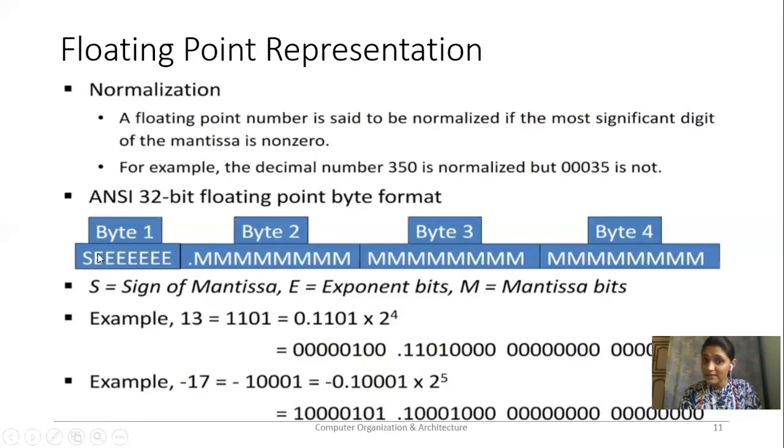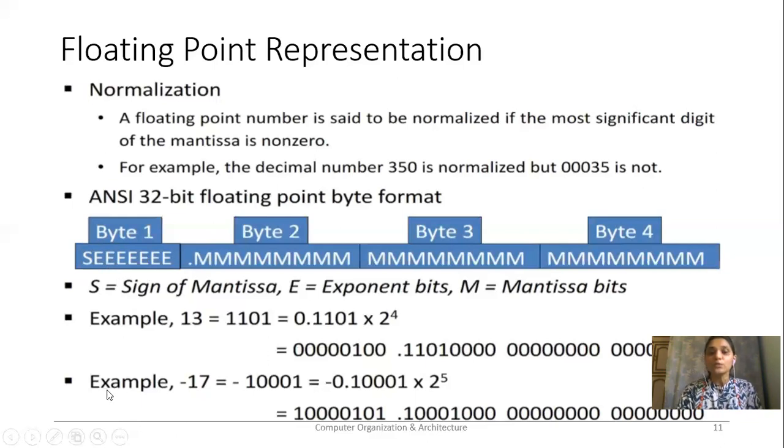Here the sign is represented for the mantissa only, but what if your exponent is negative? If your exponent is negative, you have to represent it in 7-bit form with its equivalent 2's complement. So both can be negative: the exponent and the mantissa. For the mantissa you use the sign bit, and for the exponent you represent it using the 2's complement method.